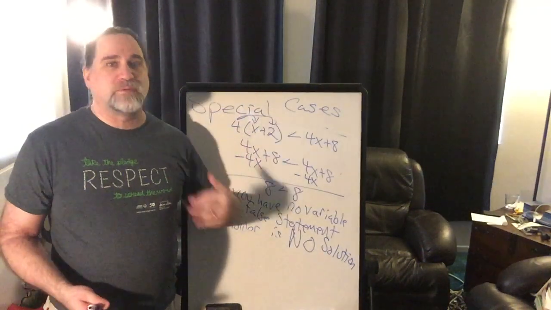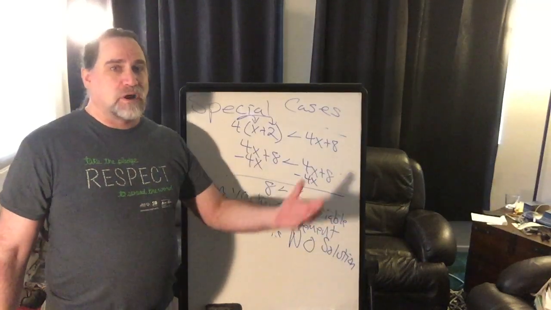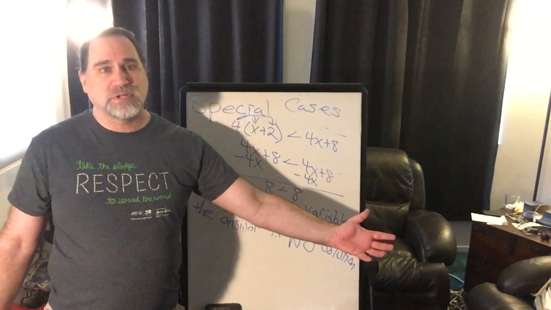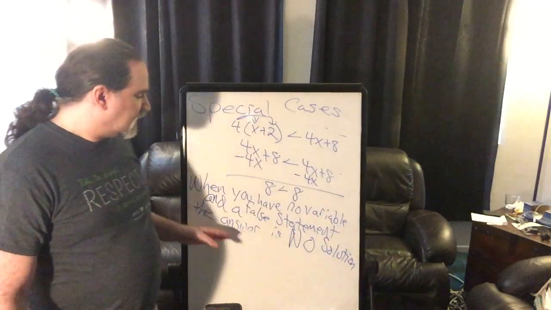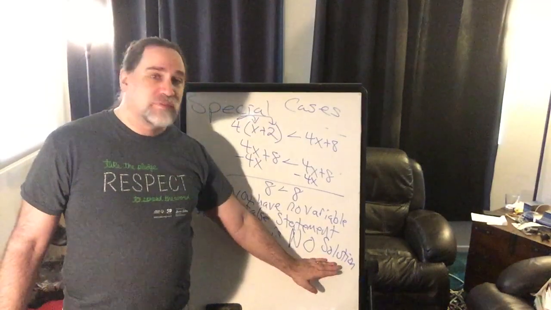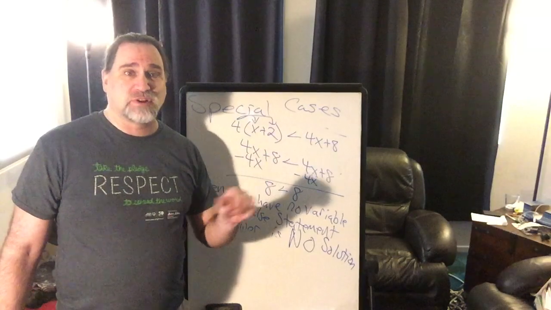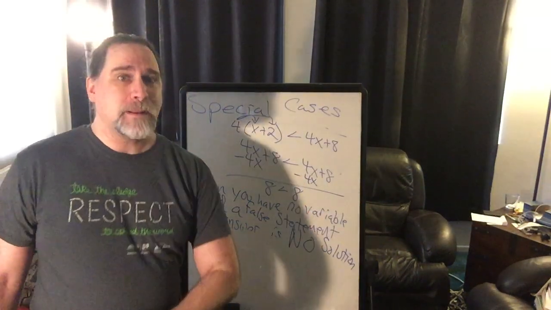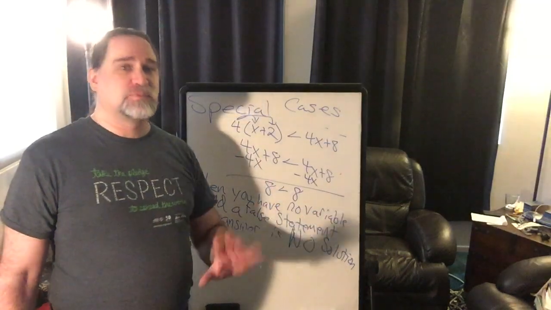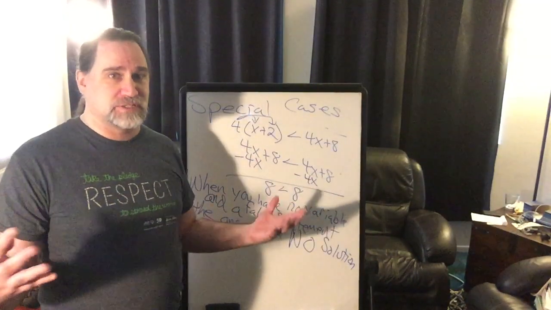When you're in the process of solving, when you get to the step that says get the variable on the left, and you're eliminating the one on the right, and when you do that, it also eliminates the one on the left. It leaves you with a statement. And if that statement is false, then your answer is there is no solution. So the 2 special cases are either everything works, no matter what, or nothing works. And those both happen when both variables are the same on both sides.